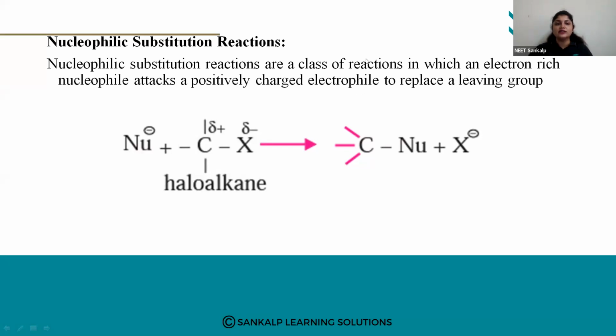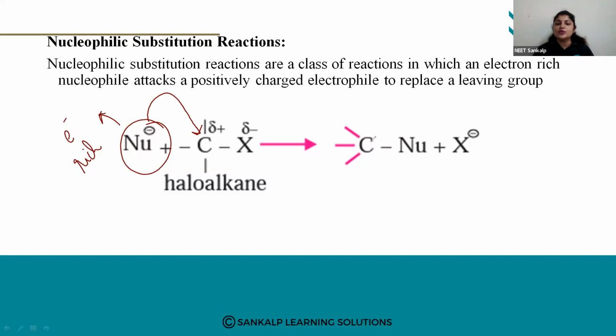So here you can see this is a nucleophile, which is electron-rich. This will attack the positively charged electrophile.